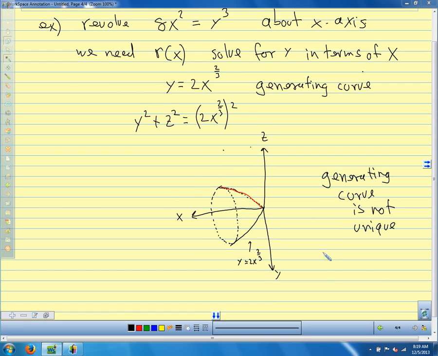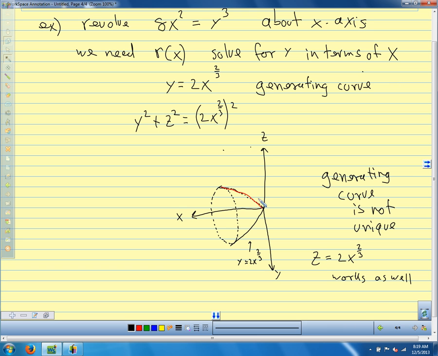So I could have said z equals 2x to the 2/3 would work as a generating curve as well, and revolve that about the x-axis. And like Davis said, any curve that's along the boundary of this surface would be a generating curve.